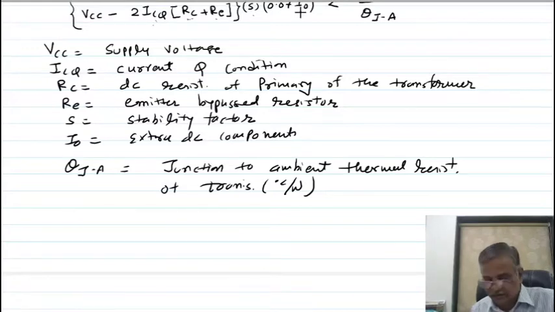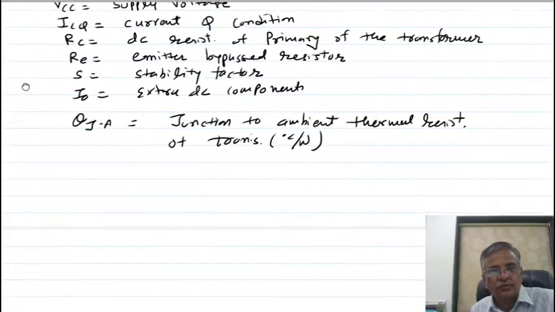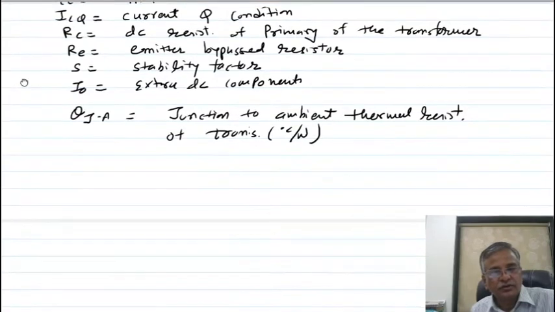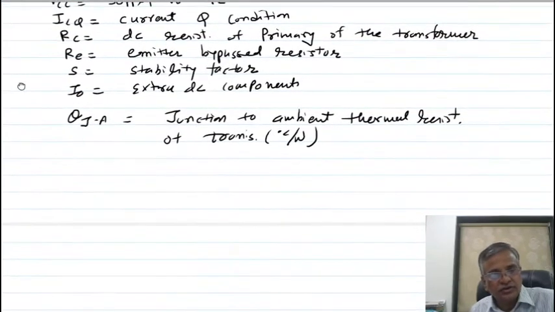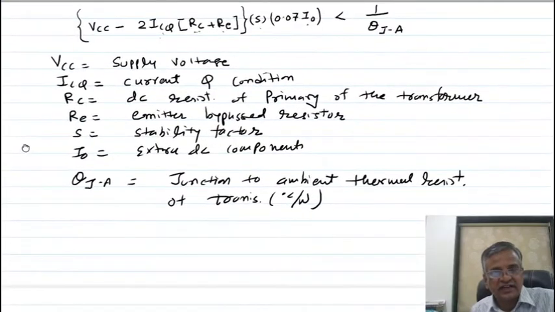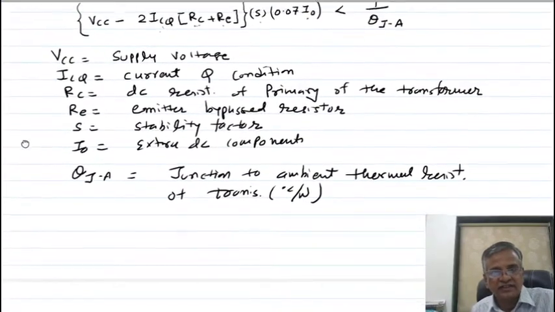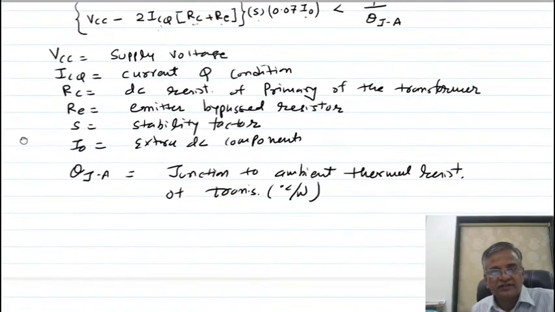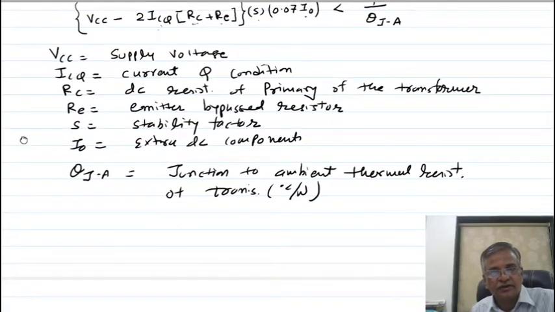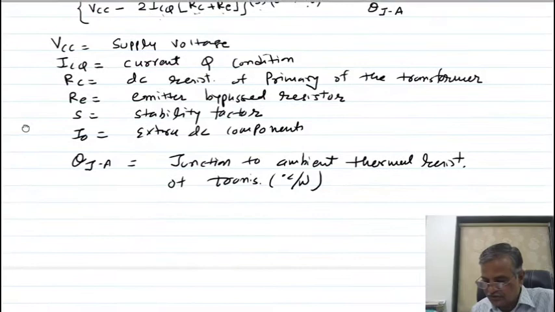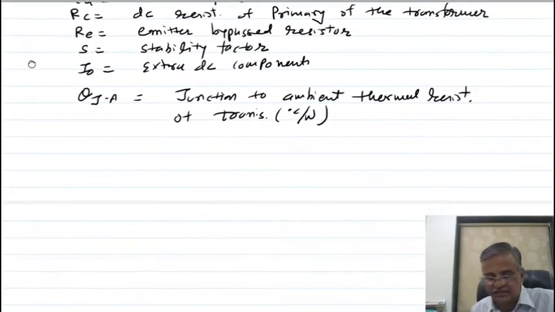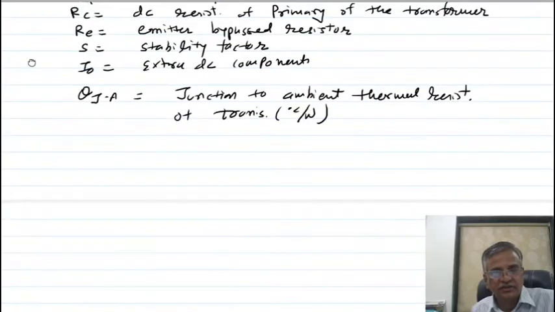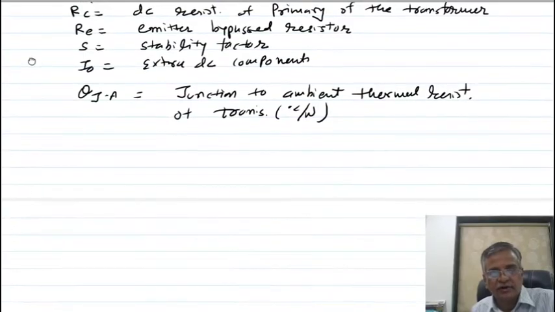Already you know that a transistor is nothing but back-to-back diodes, and I0 comes into the term as the extra DC component because some signal may be rectified due to the back-to-back diodes. Theta J is the junction to ambient thermal resistance of a transistor. Its unit is degree centigrade per watt.